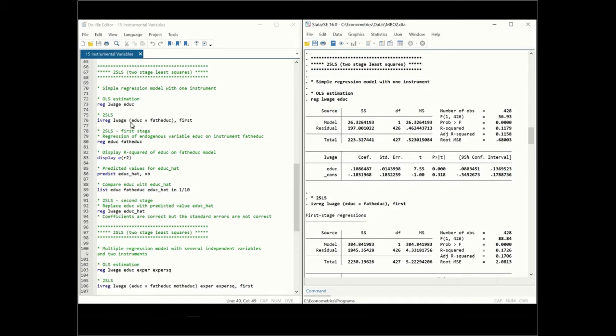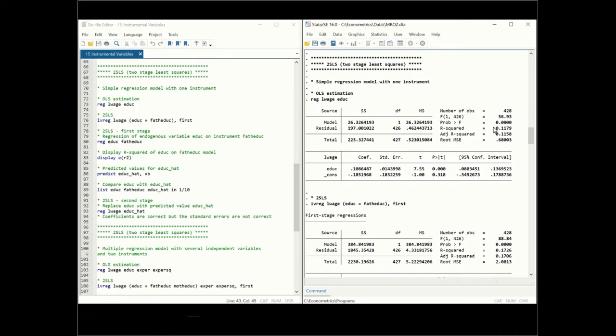We're going to be regressing education on father's education, picking up the education hat, which is the predicted values for education, and then regressing log of wage on education hat. Comma first just means that the output is going to show the first stage results, which is this equation here. And if you don't want to have these results, then you don't need to include comma first.